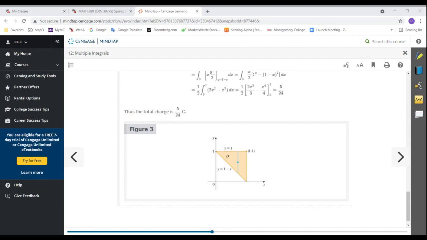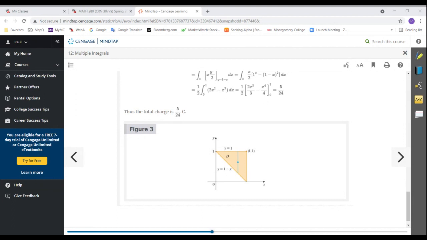Now, could region D also be treated equivalently as a type 2 region? Would it cause any more work to treat this region as a type 2 region? Could we compute the total charge with just one double integral? That's right, Ryan.